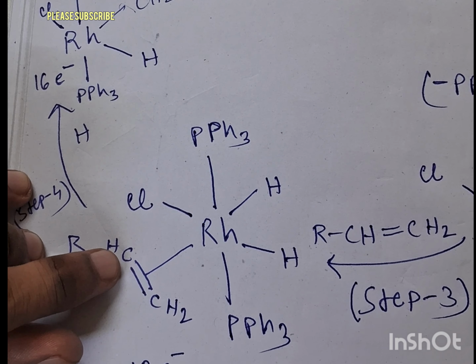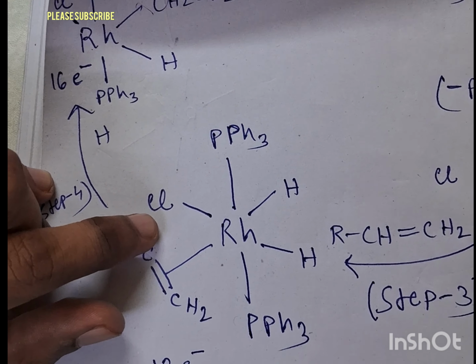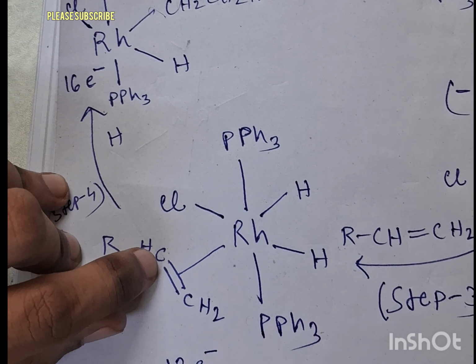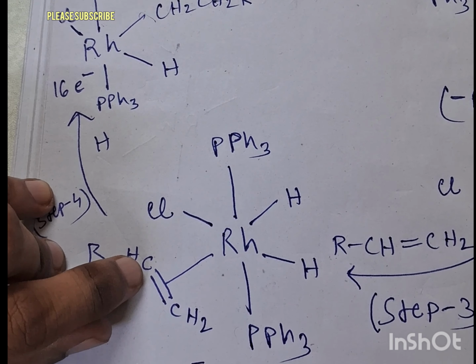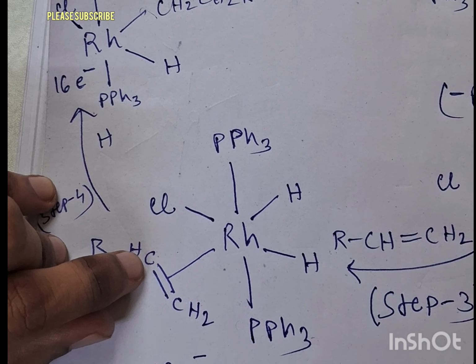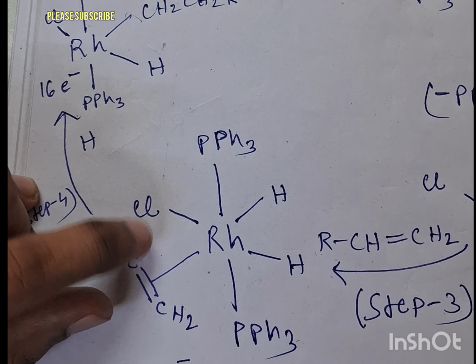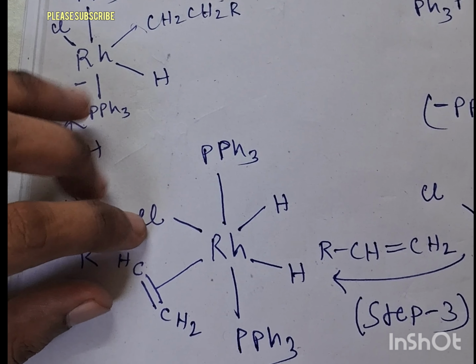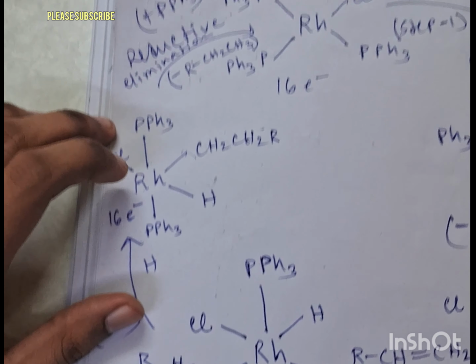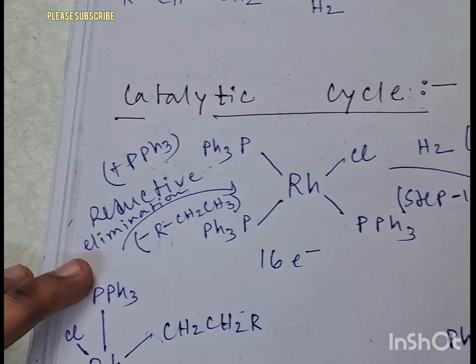But this addition could be favorable because the chloride is less bulky than triphenyl phosphine, though the carbon is more substituted. Here the addition of hydrogen takes place and it is favorable due to the less sterically hindered chloride present nearby, unlike this. Okay, so here this type of product is obtained.